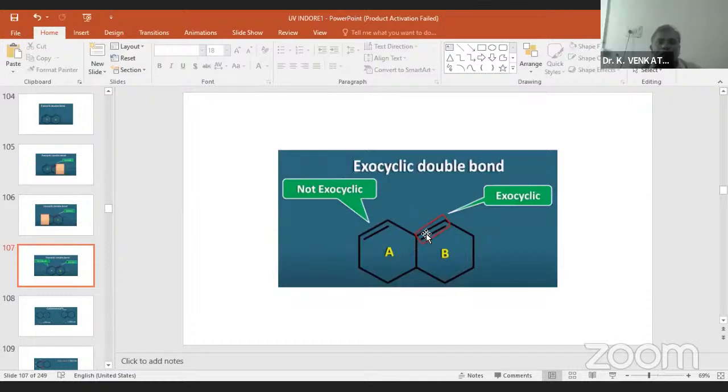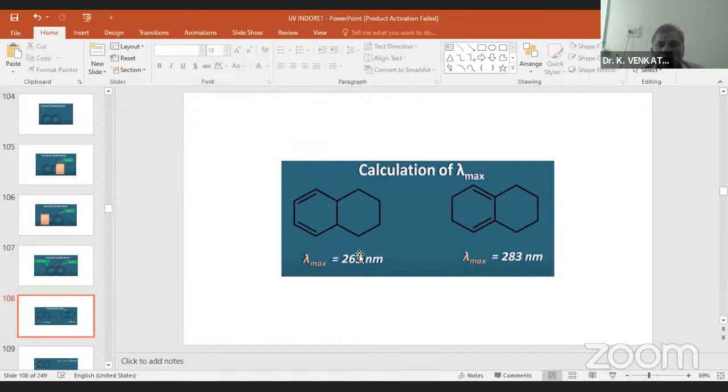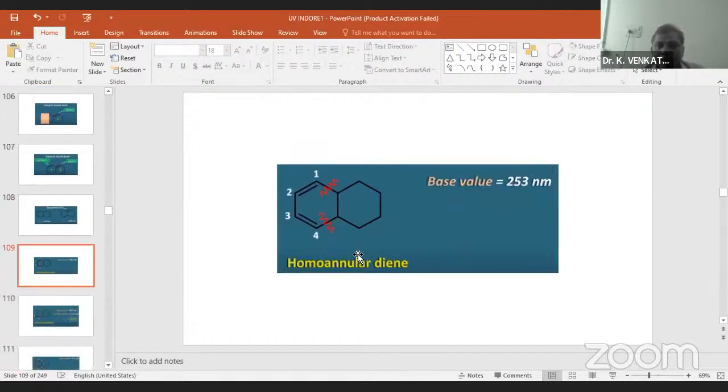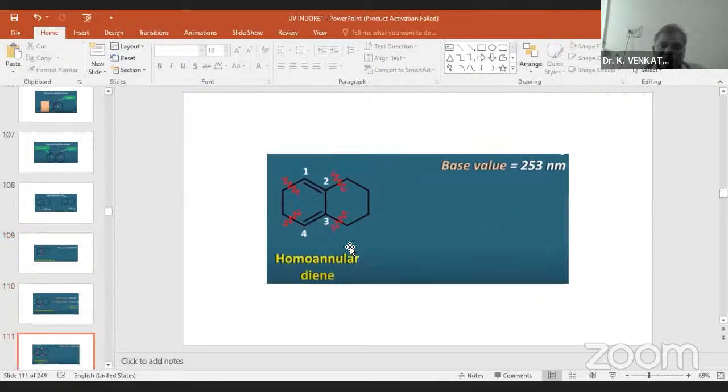So this is called an exocyclic double bond. Okay, madam, no problem.